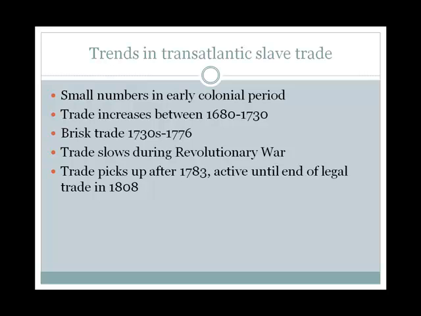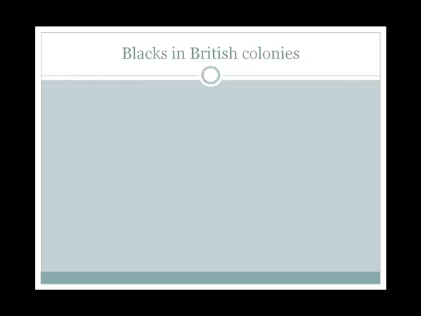It picks up into North America, into the United States, just after the Revolutionary War, and is active until the legal end of the trade in 1808. However, the smuggling of slaves from Africa continues between 1808 and 1865. So contraband slaves continue to be brought into the United States even after the legal end to the trade in 1808.